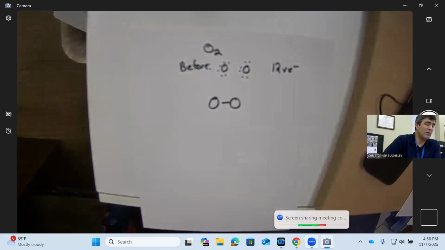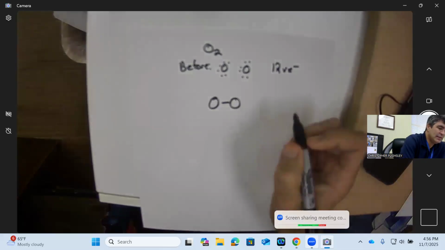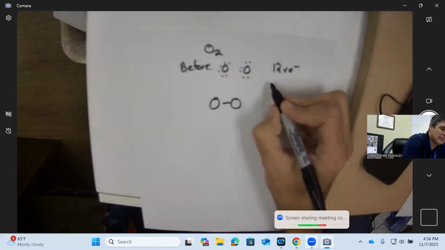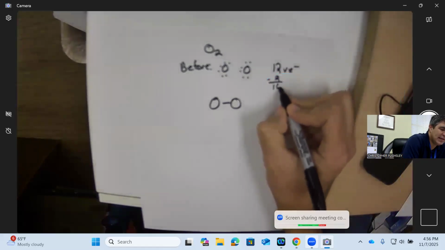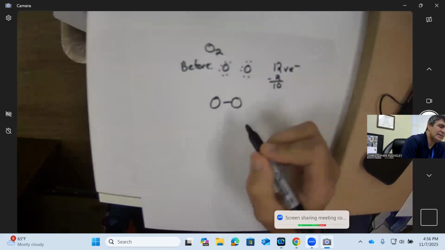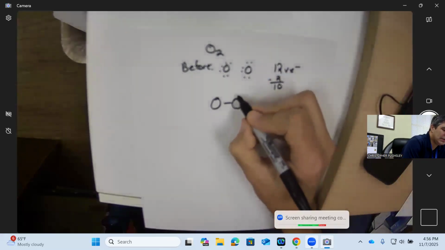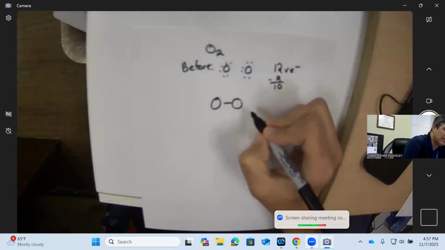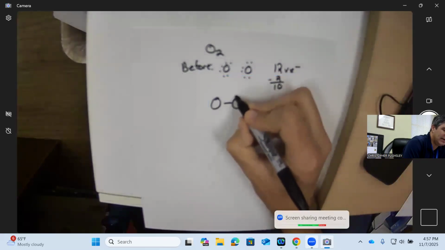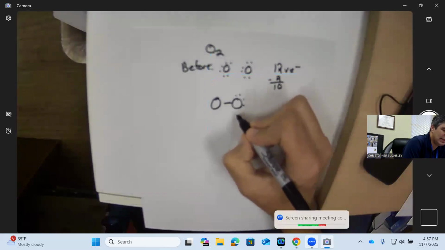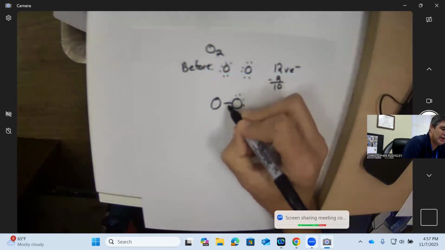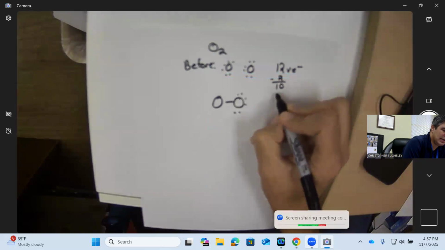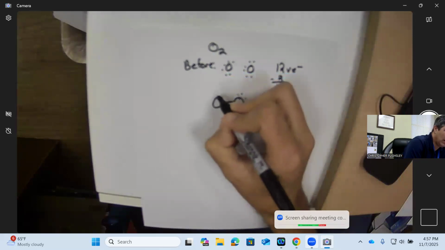That takes 2 of my electrons away, so I've used 2 and have 10 left. Of my 12, I'm going to put the remainder around here. I need to have 8 to meet the octet rule. That gives this one 8, but I've used 6, so I only have 4 left.